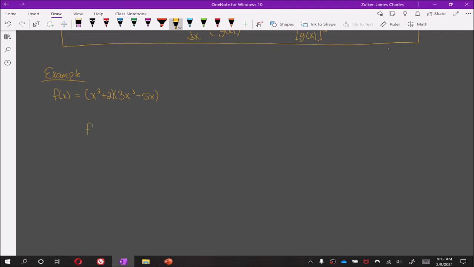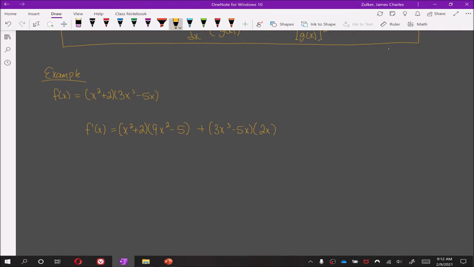So the product rule states it's the first function times the derivative of the second function plus the second function times the derivative of the first function.